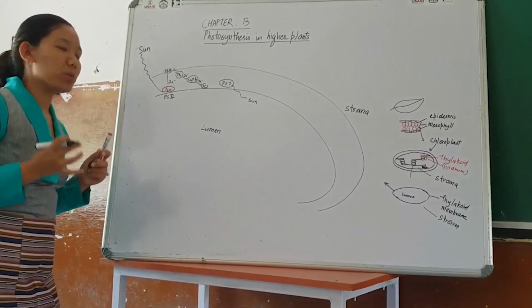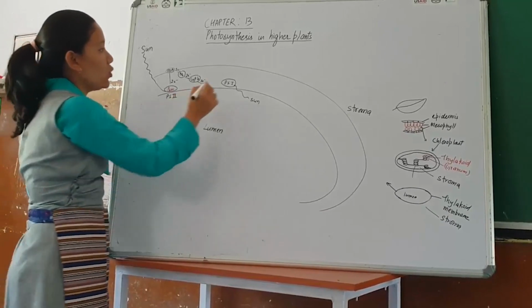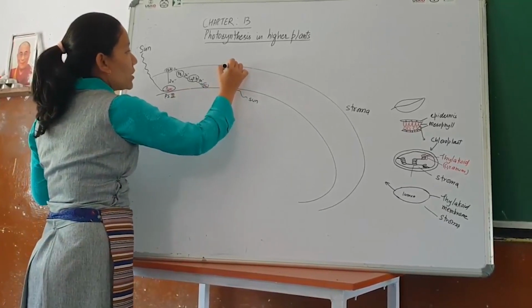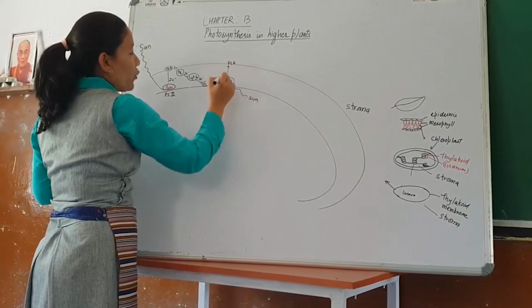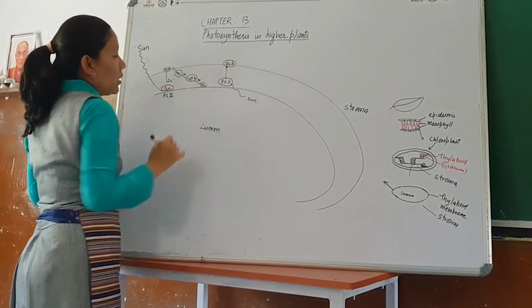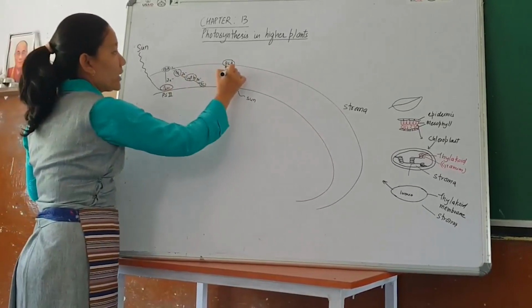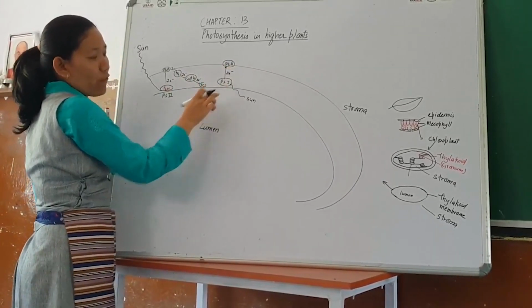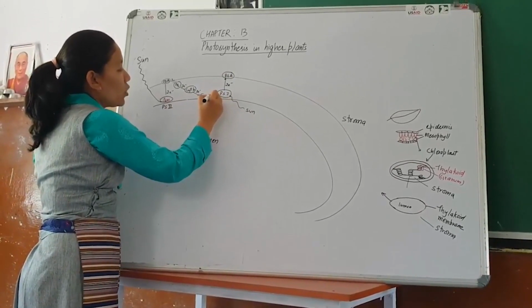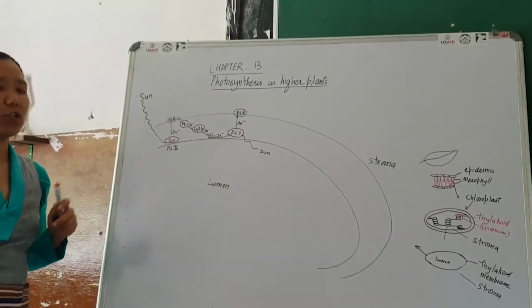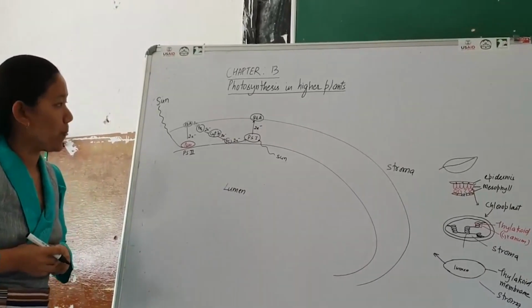The reaction center also absorbs the solar energy, gets excited and loses a pair of electrons, which is passed on to the primary electron acceptor of photosystem 1. Now you can see that there is a deficiency of electrons in photosystem 1, which in turn is replenished by the electrons lost by photosystem 2.